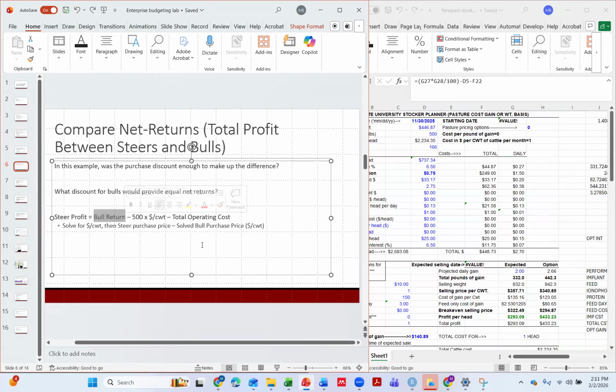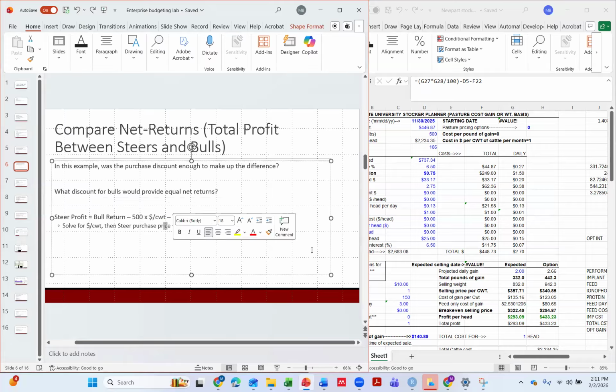We can calculate the bull return. So that's sell weight times sell price minus 500, the 500-pound purchase weight. And this is the variable we want to know, dollars per hundredweight, minus our total operating costs. And then we can just solve for this dollar per hundredweight.